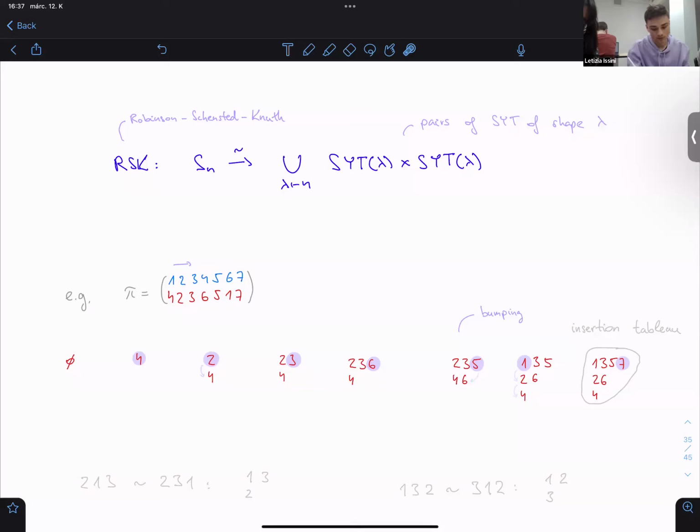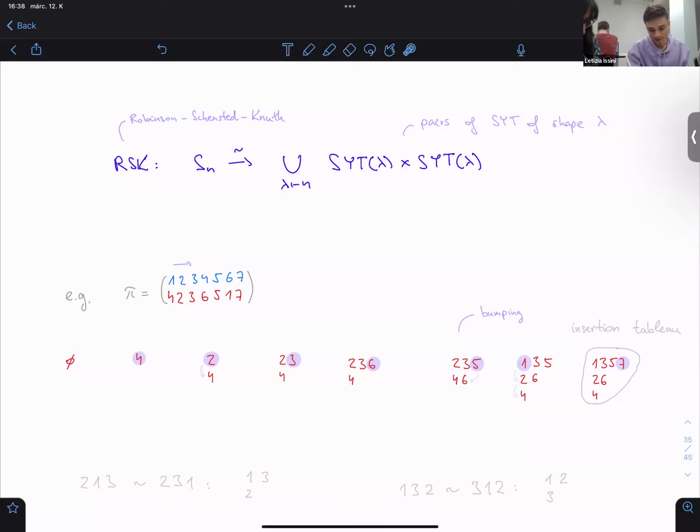And 1 is smaller than 2, so it bumps 2 down into the second row, and 2 is smaller than 4, so it bumps 4 down into the third row. And 7 is larger than 5, so it just slots in behind 5 in the first row.